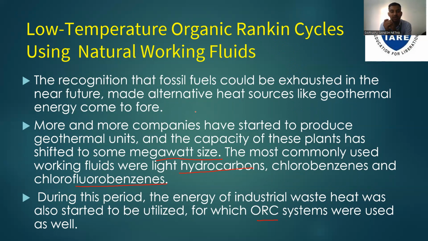By using these geothermal units, we can produce megawatt power. And the most commonly used working fluids of the geothermal are hydrocarbons, chlorobenzenes. These three are very dangerous to the atmosphere. In order to eliminate this, we have to use natural cycles, natural resources.